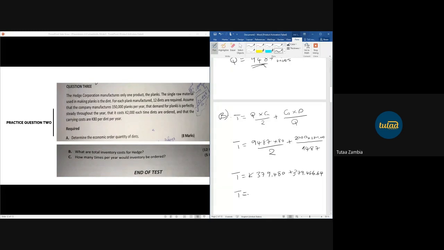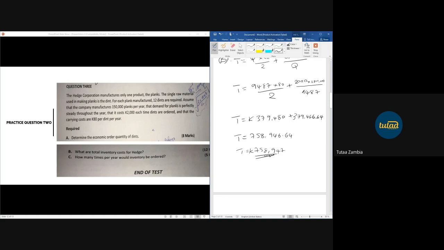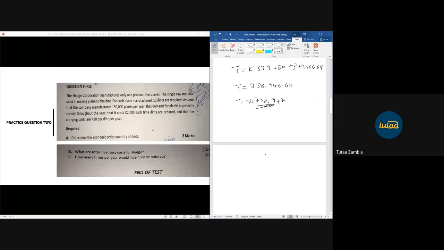That gives us a total cost of 758,946.64, which we can round off to 758,947 kwacha. This now becomes our total inventory cost, our total variable cost, for the year.